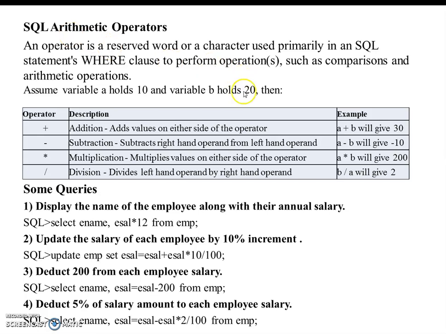So what exactly are the uses of these plus, minus, multiplication and division operators? If I want to perform a certain operation in terms of multiplication, then the query will look like this. If I want to display the name of an employee with their annual salary, then the query will be select ename, esal into 12 from emp.